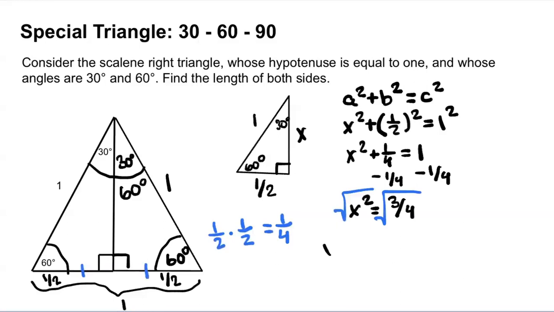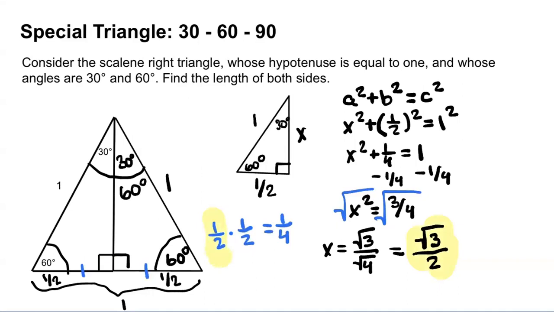So x is equal to square root of 3 over the square root of 4. The square root of 3 doesn't have a nice number that it simplifies to, but the square root of 4 is 2. Because there's no radical in the denominator, we can stop there and have this as one of our side lengths, and this 1/2 as our other side length.